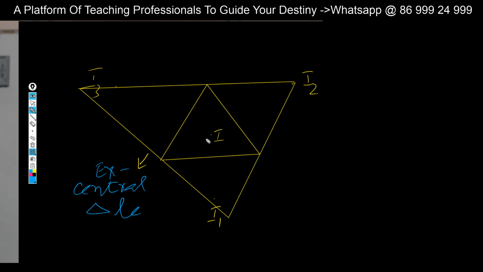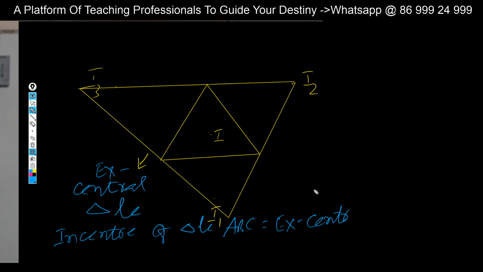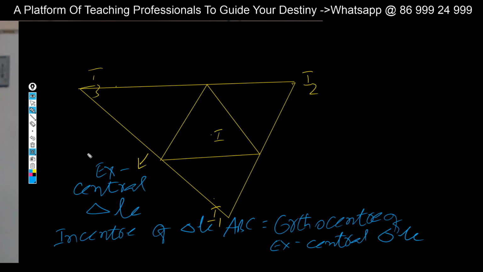So, interestingly, a very important point for the objectives, which we can directly answer: the incenter of triangle ABC is equal to the orthocenter of the excentral triangle. So what is happening in this case?